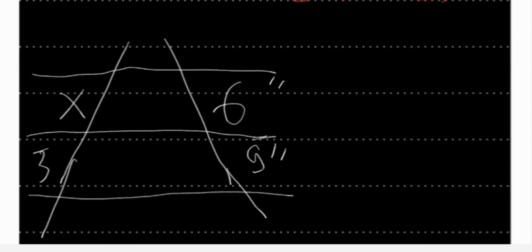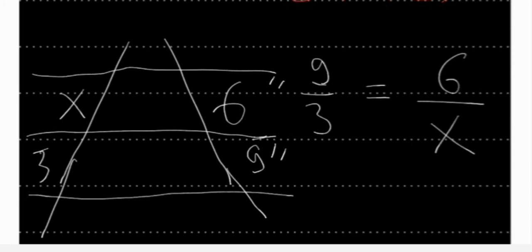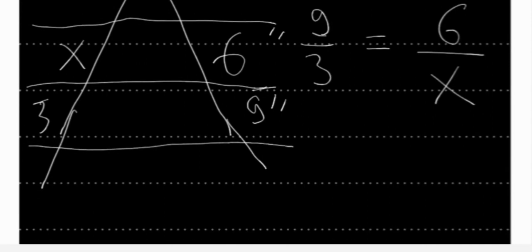So what does the Thales theorem tell us? That there is a proportionality. 9 divided by 3, this divided by this, is proportional to 6 divided by x, this divided by this, okay? So there is a proportionality between this and this, this and this, okay? So this is the Thales theorem.